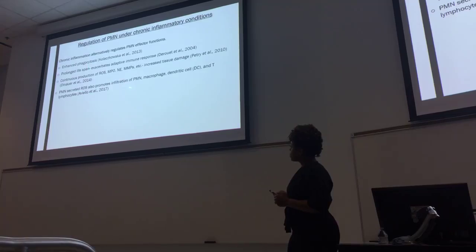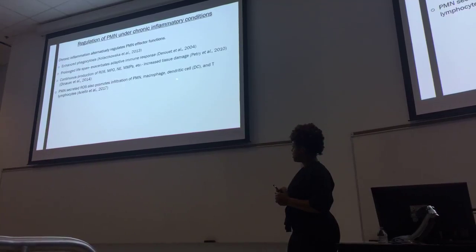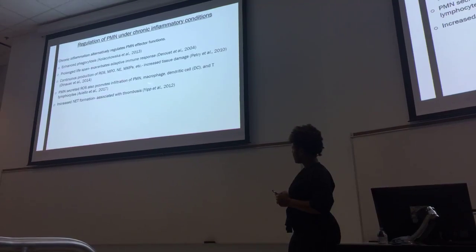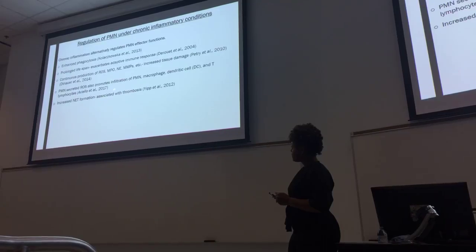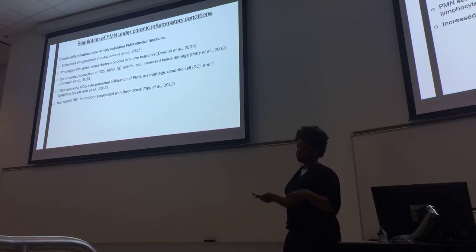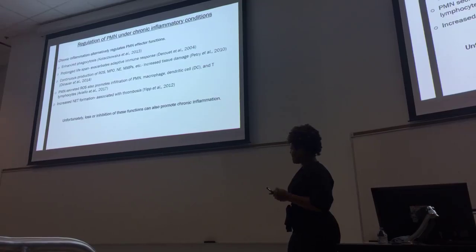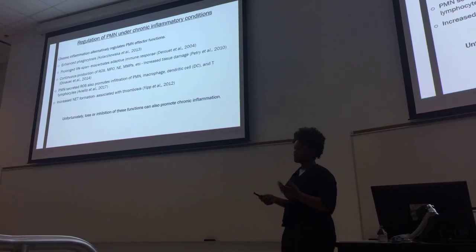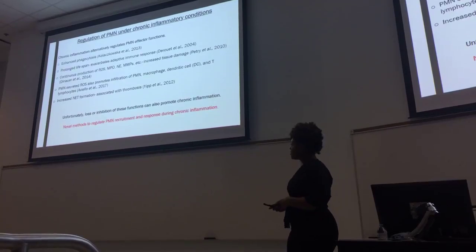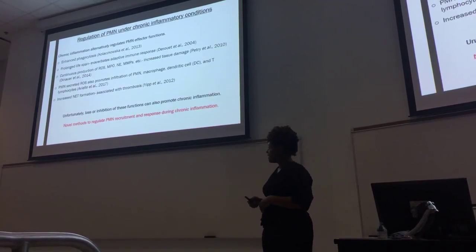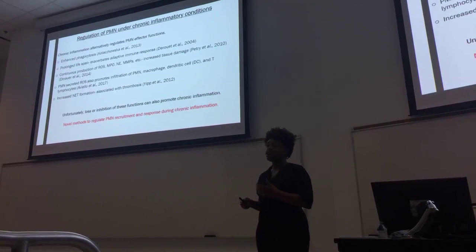The ROS also helps to promote infiltration of other immune cells. And NET formation specifically has been associated with thrombosis, small vein thrombosis, which can cause leakage of blood into the tissue. So, unfortunately, loss or inhibition of these functions also can result in chronic inflammation. So we need novel methods to regulate their recruitment and response under these conditions.